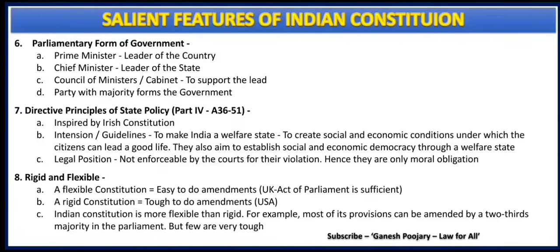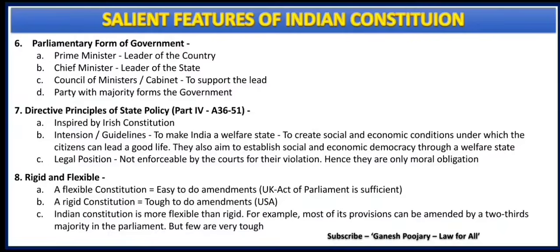The eighth feature is about the amendment of the constitution itself, whether it is rigid or flexible. Before I get in there, you need to understand that the British Constitution is a very flexible constitution. By bringing a new Parliament Act, the UK government can make amendments in its constitution, whereas in the USA the same process is very rigid.